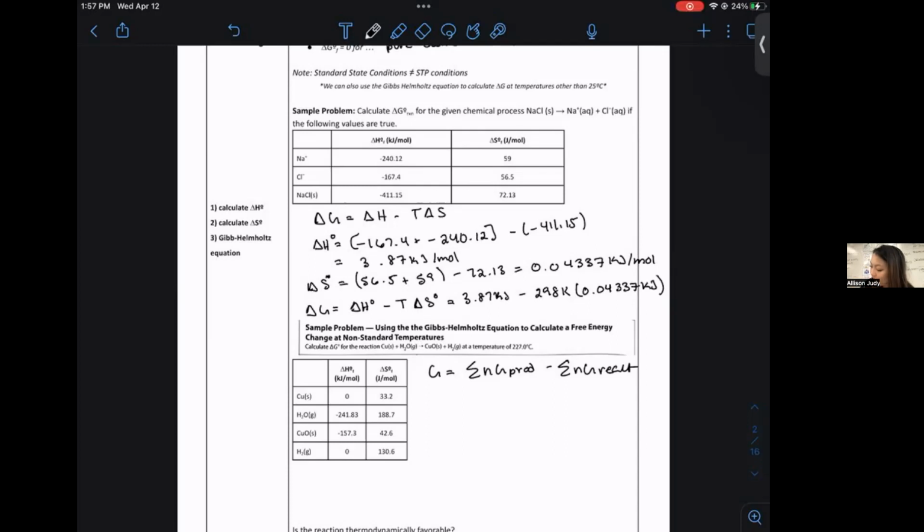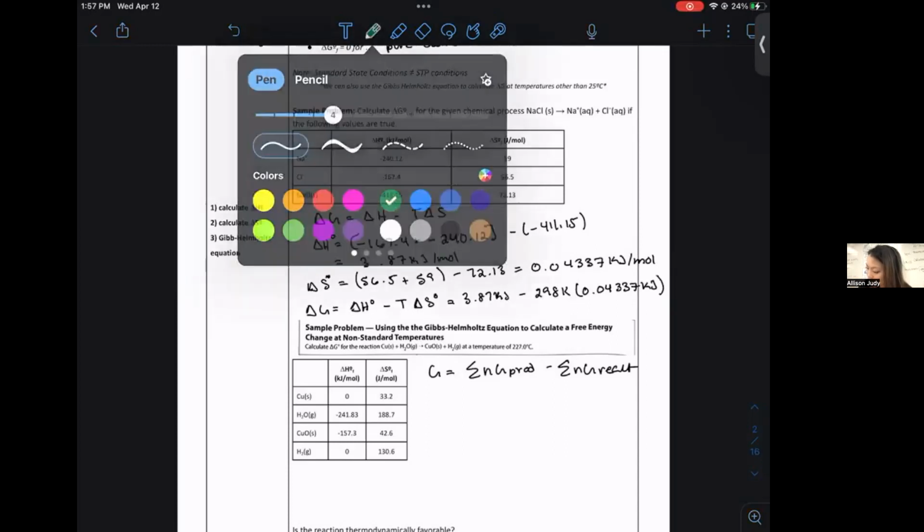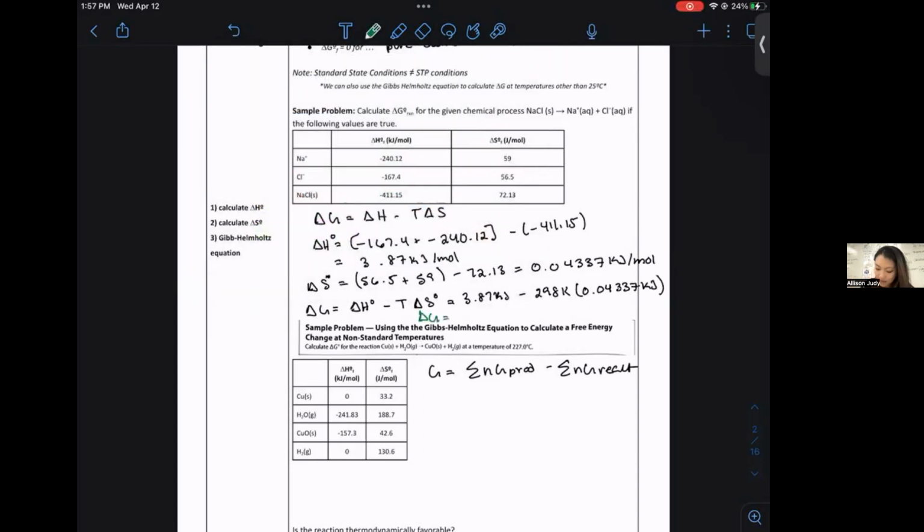And you would get a value for G as negative 9.30 kilojoules per mole for this reaction.